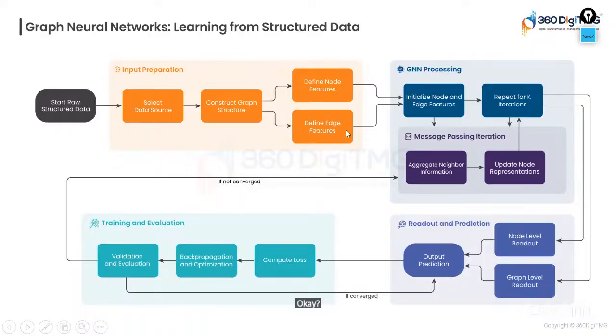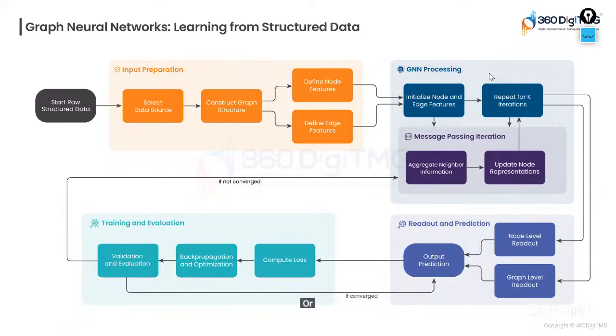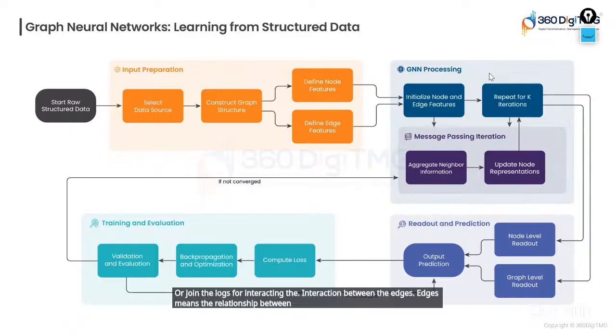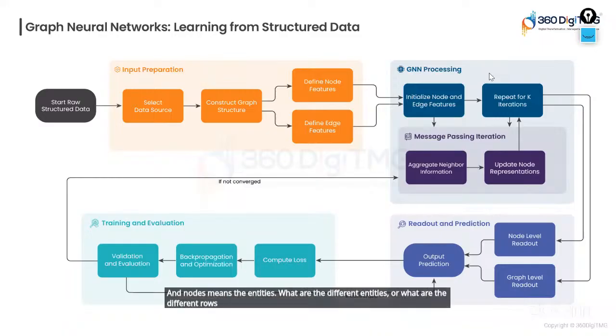Then after that we have graph construction from relational tables, where we can use joins on foreign keys to form edges, or join the logs for the interactions between the entities. Edges mean the relationship between two nodes, and nodes mean the entities, the different rows in the tables.